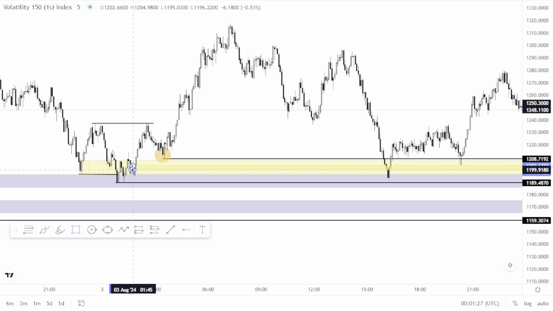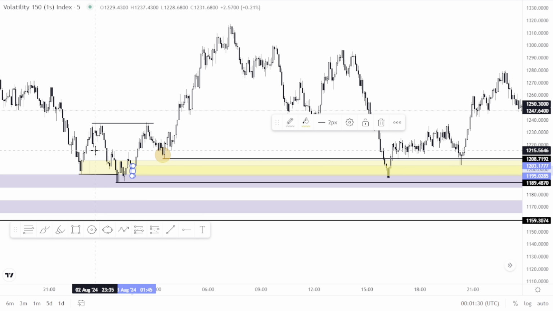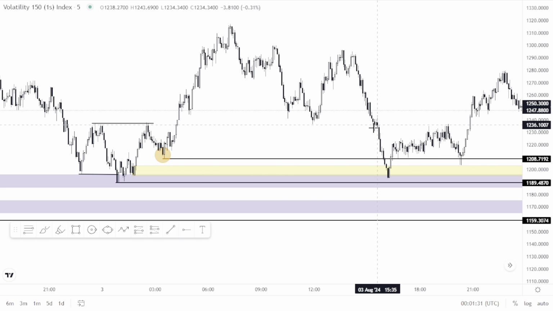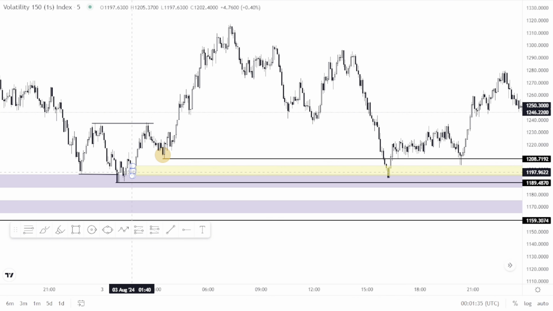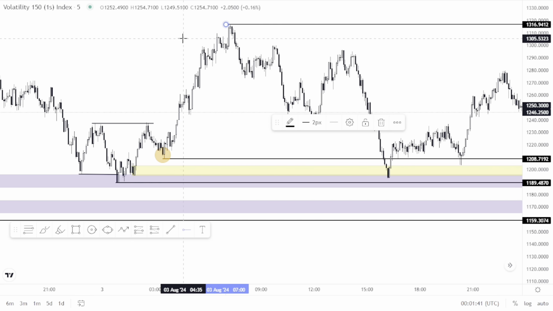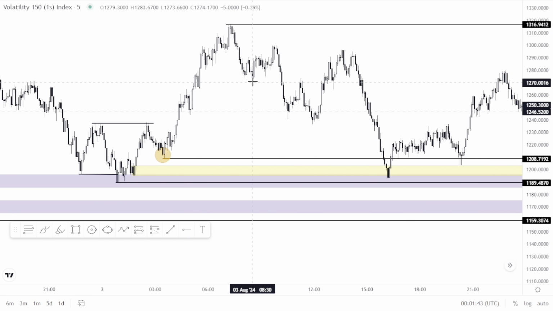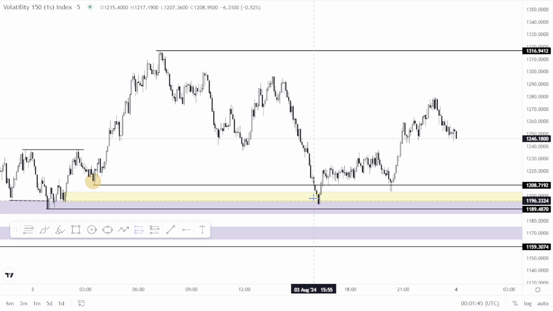We have the supply zone here, let me delete this. See how the market was attracted to this demand zone, sorry, not supply. The market is actually attracted to this demand zone, and then this becomes your target. That's the target. On the smaller time frame here, you can put about 100 lots, guys.